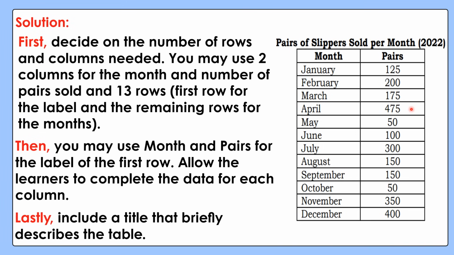April, 475 pairs. May, 50 pairs. June, 100 pairs. July, 300 pairs. And August, 150 pairs. September, 150 pairs. October, 50 pairs. November, 350 pairs. And December, 400 pairs.